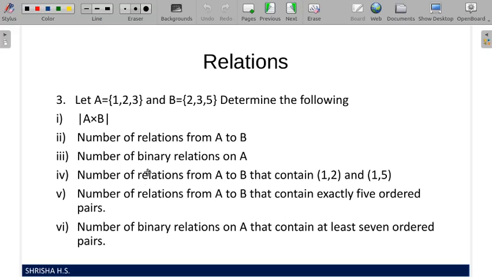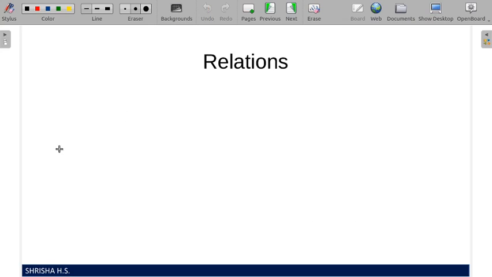So next one is the number of binary relations on A. Binary relation on A means A to A. So how many possible relations are there from A to A? Instead of A to B, it is A to A. We know here that A equals 1 2 3, 3 elements.